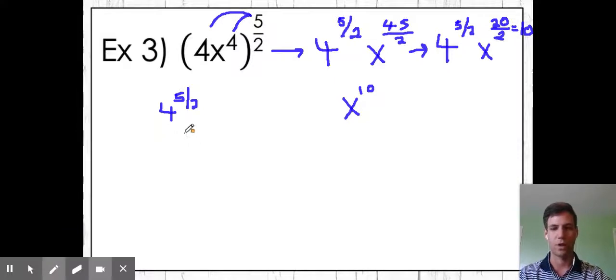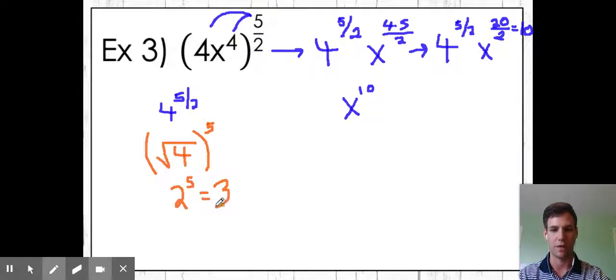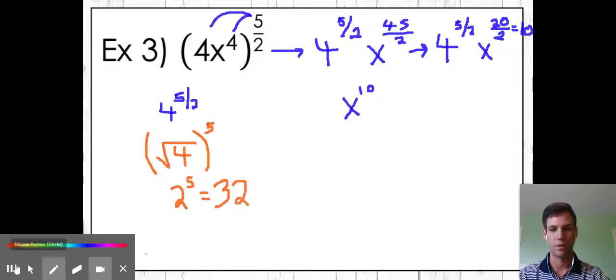So first of all, we know we're going to do to the 5th power, and we're doing a half. So that means we're doing the square root of 4. Like in our previous problem, we're going to do the square root of 4 first, because I know that's 2, and then raise that to the 5th power. So that would become 2 to the 5th power, which our calculator would tell us is equal to 32.